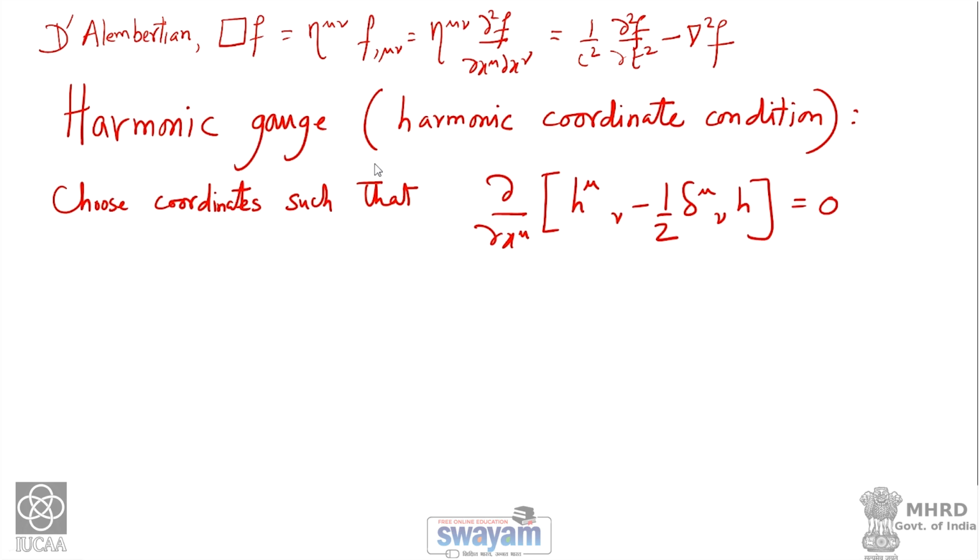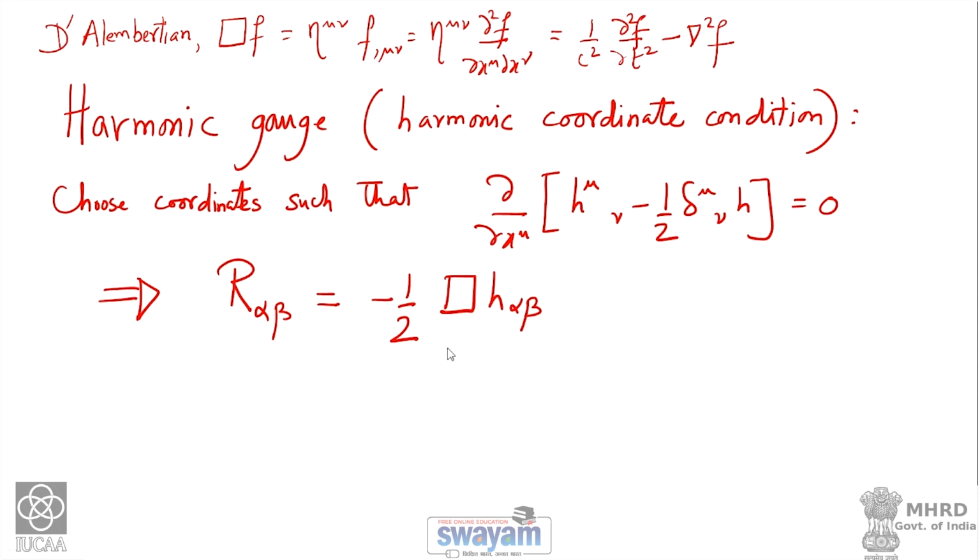I will show why it is always possible in a short while. If I choose these coordinates, then clearly my Ricci tensor R alpha beta simply becomes minus half D'Alembertian of h alpha beta. I will soon show you why harmonic gauge condition is always feasible, but what we have just now achieved is that using the harmonic coordinate condition, my Ricci tensor is a very simple expression.